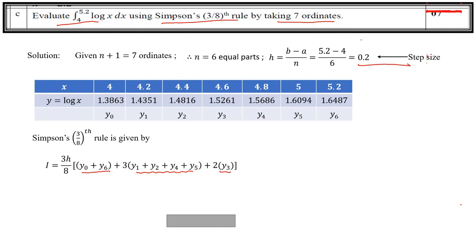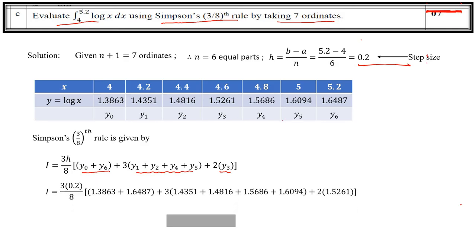Do not repeat the end ordinate y6. Then just go with substitution. I have denoted the y values already here. After substitution, I got the solution as I equal to 1.82785. This is the final solution.